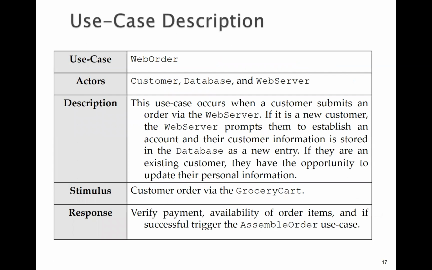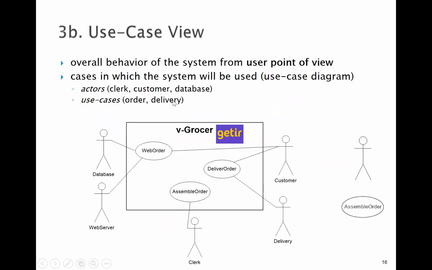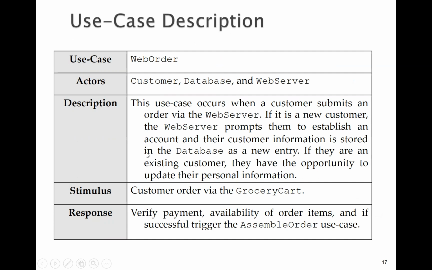We can construct function table for this, for example, web order use case. Previous slide, so this one. We have customers, database, and web servers as actors, and this use case occurs when a customer submits an order via the web server.